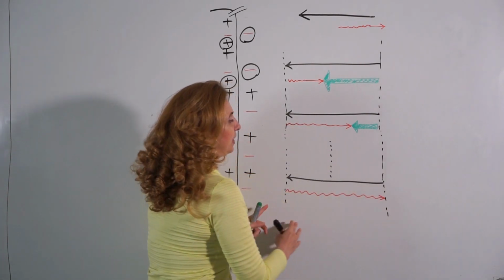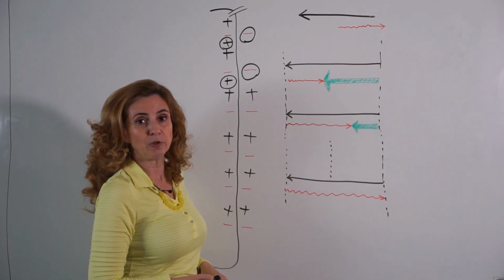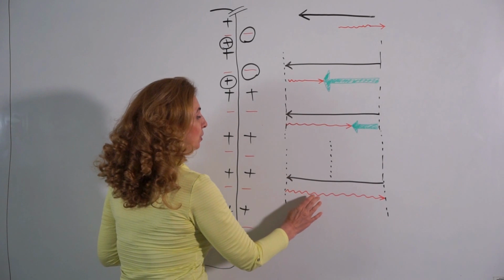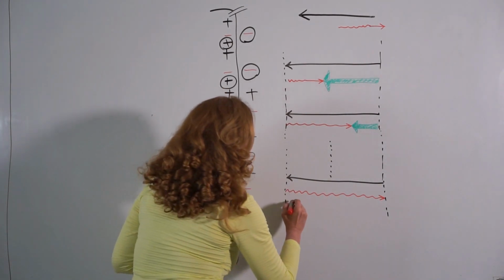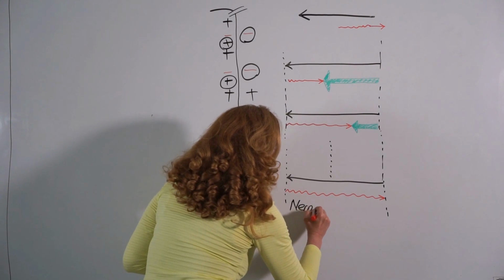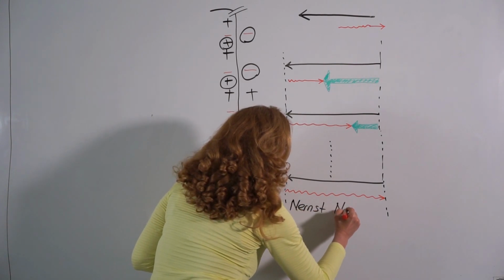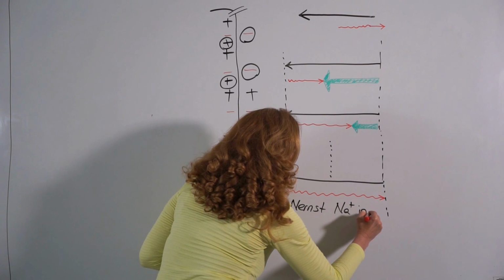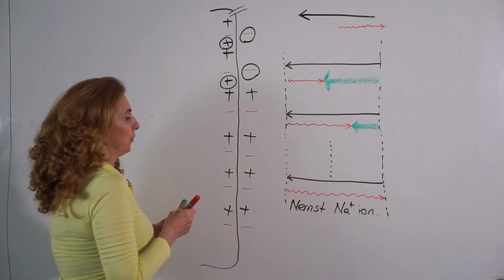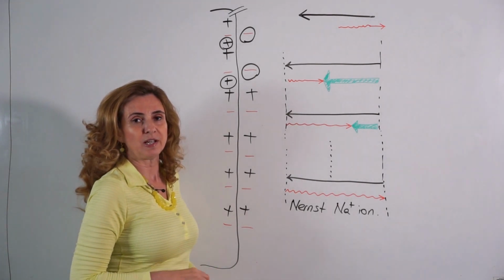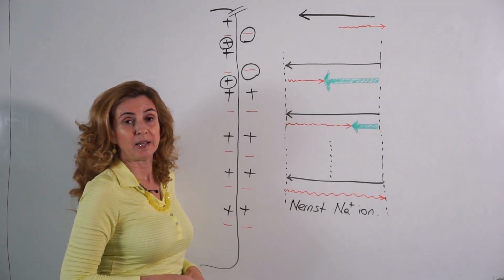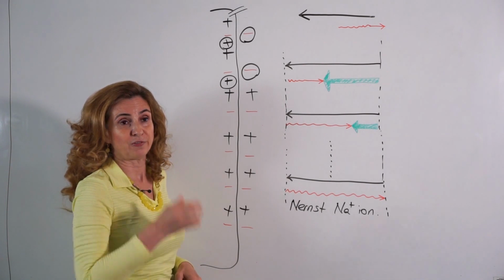This condition here is called the equilibrium condition, and the electrical potential difference here is the Nernst potential for sodium ion. We can see that the Nernst potential is a potential produced by the concentration difference.